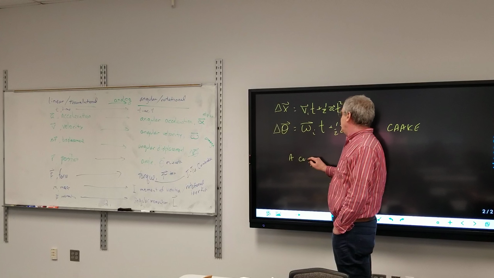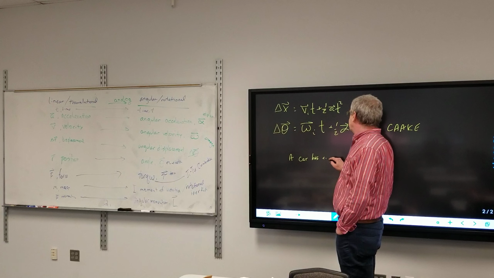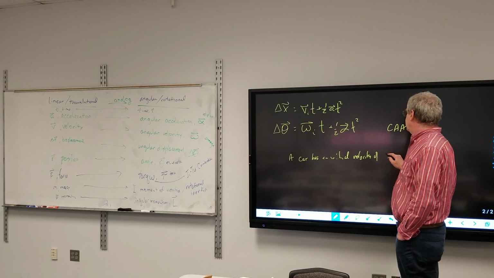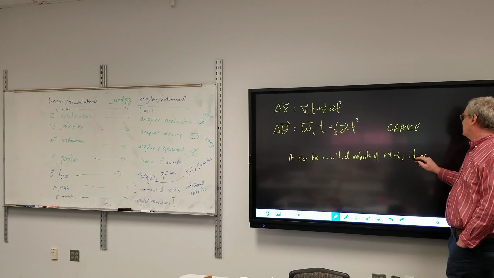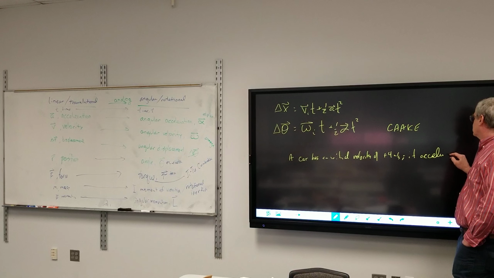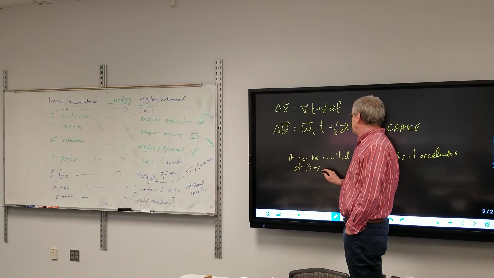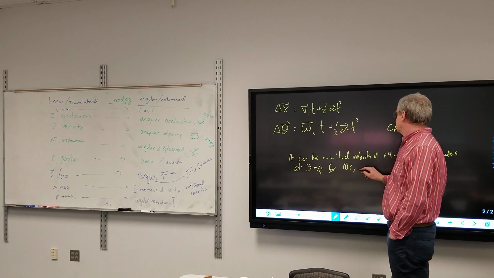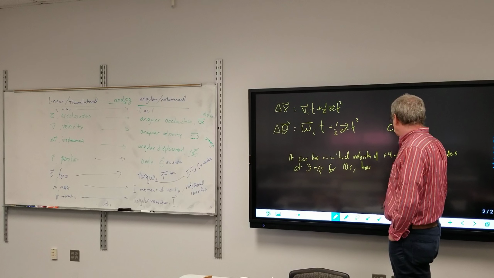let's just start out with a linear one. A car has an initial velocity of positive 4 meters per second. It accelerates at 3 meters per second squared for 10 seconds.